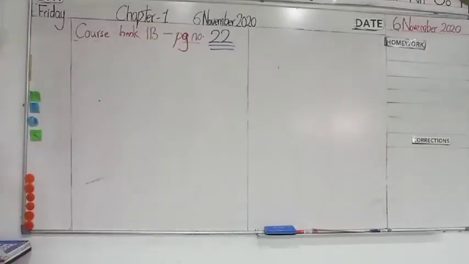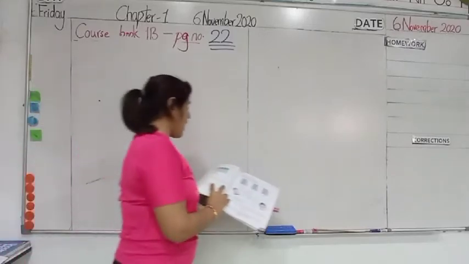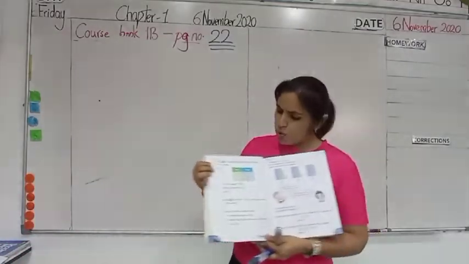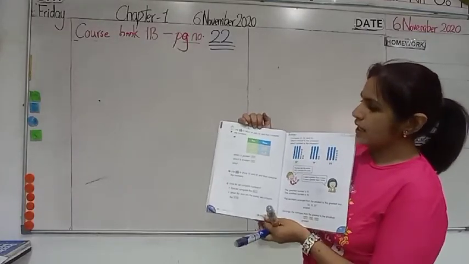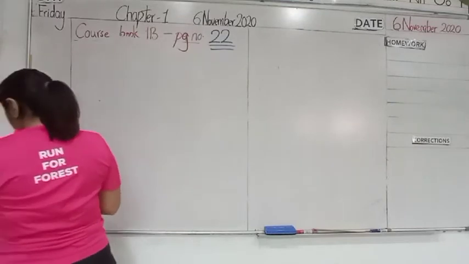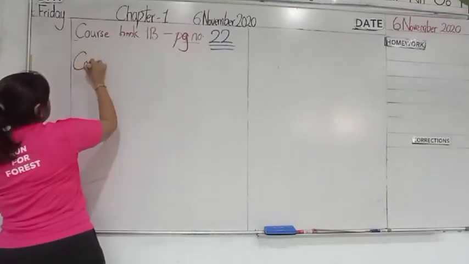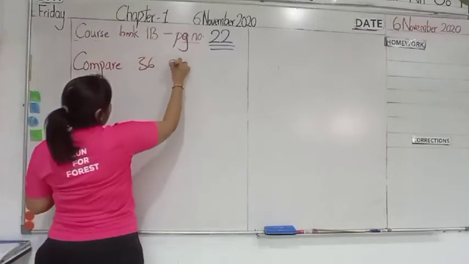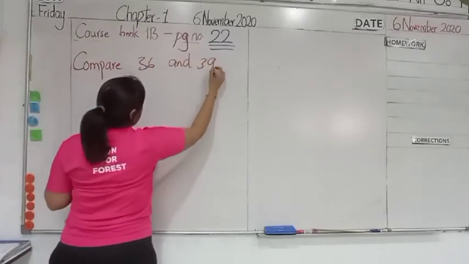Use cubes to show 36 and 39 and then compare the numbers. What you are supposed to do, they have given you a table which is empty. They want you to compare 36 and 39.